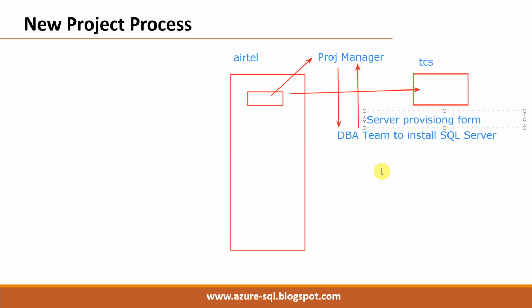What details? What is the project ID, the project name, a short description of the project. Then, for our SQL Server, which version they need, which edition, how much RAM, how many CPUs, and whether it's standalone, cluster, or Always On.